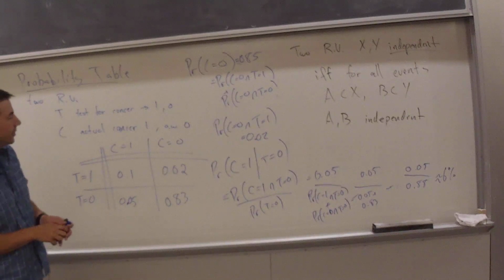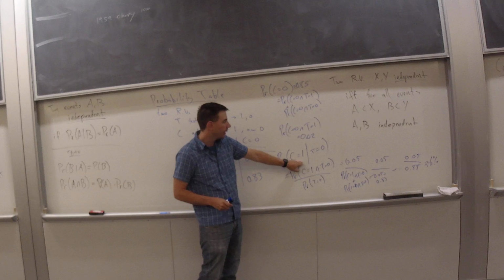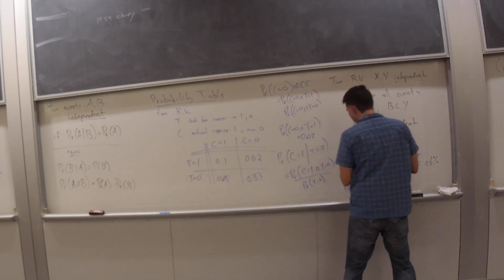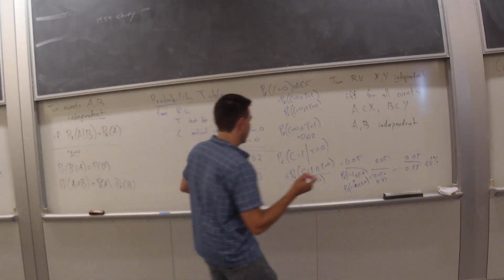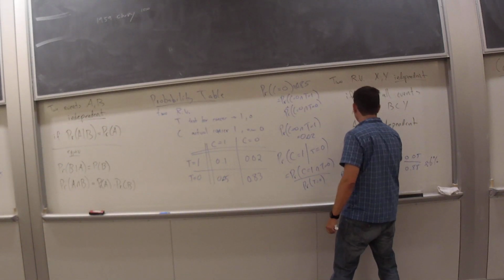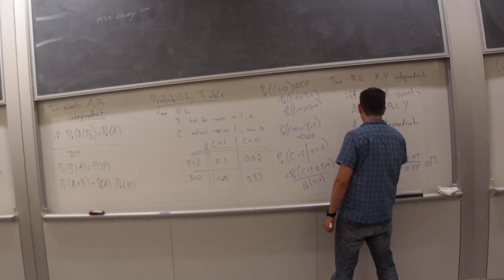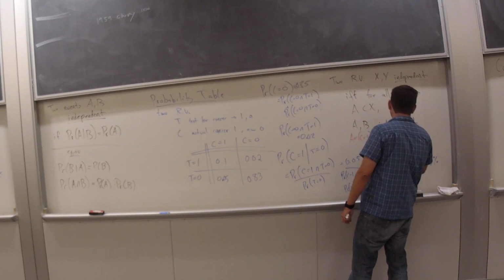Okay, so one way of checking this is I can look at these particular events. A can be C equals 1 and B can be T equals 0. Right? So in an example here, I could say A is C equals 1 and B is T equals 0.